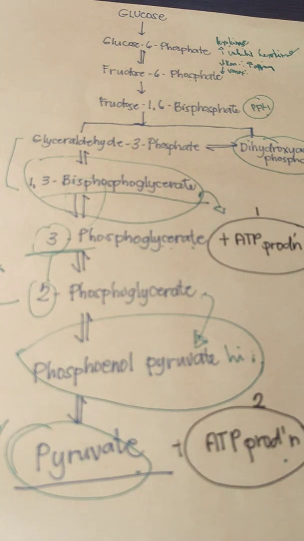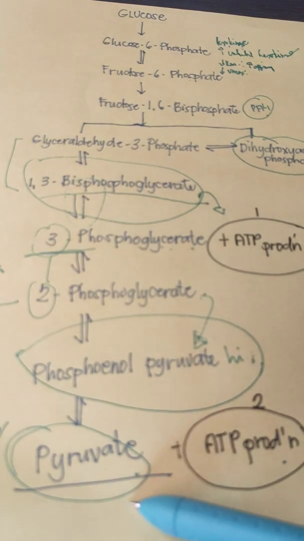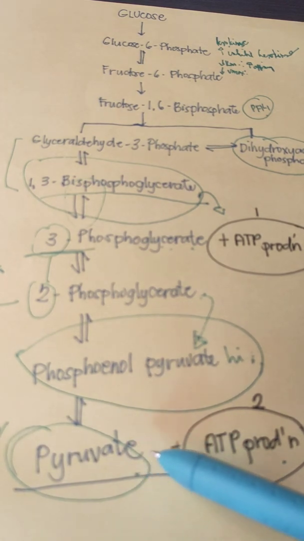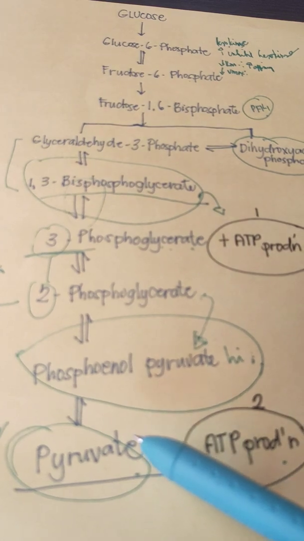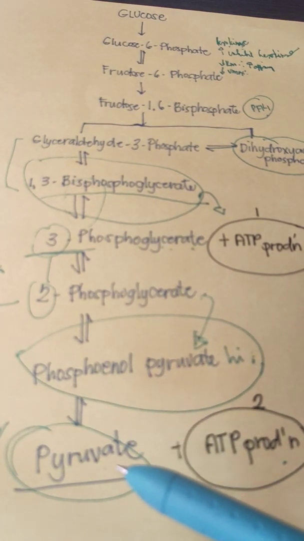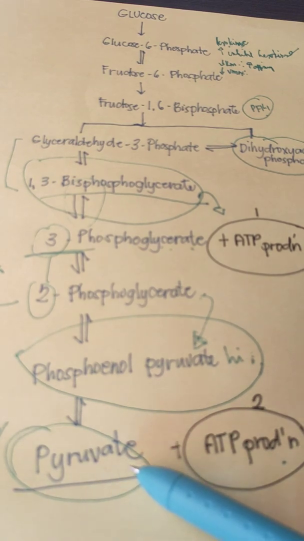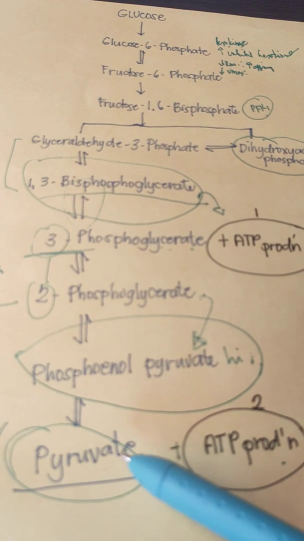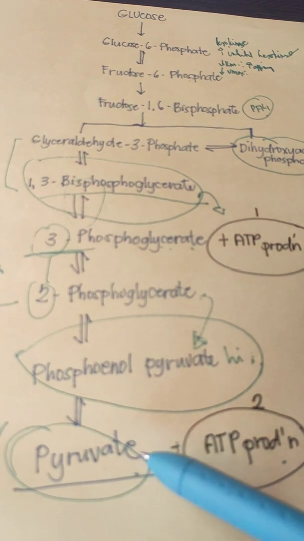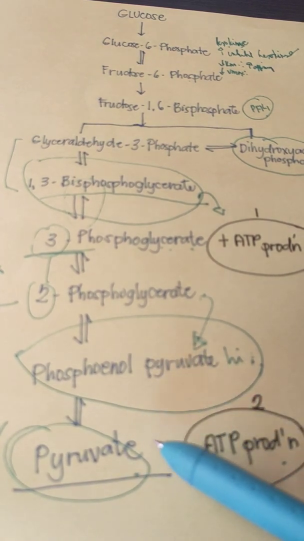Or, it can also undergo carboxylation. Carboxylation to oxaloacetate. Pyruvate, carboxylation to oxaloacetate. Okay? Which is also being used in other metabolic pathways.